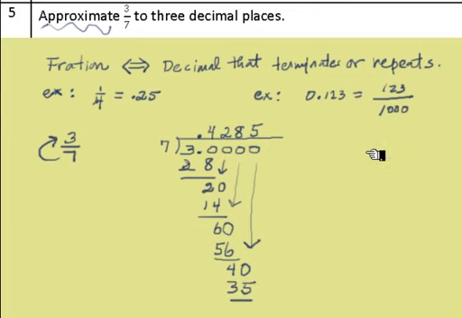Okay, so here are the first 4 decimal places, and we're going to round to 3. Okay, so this last decimal place, the 4th decimal place, is 5. Since if the last decimal place is 5 or greater, then we do our rounding. So we're going to add 1 to the place next to it. So this is approximately equal to 0.429.